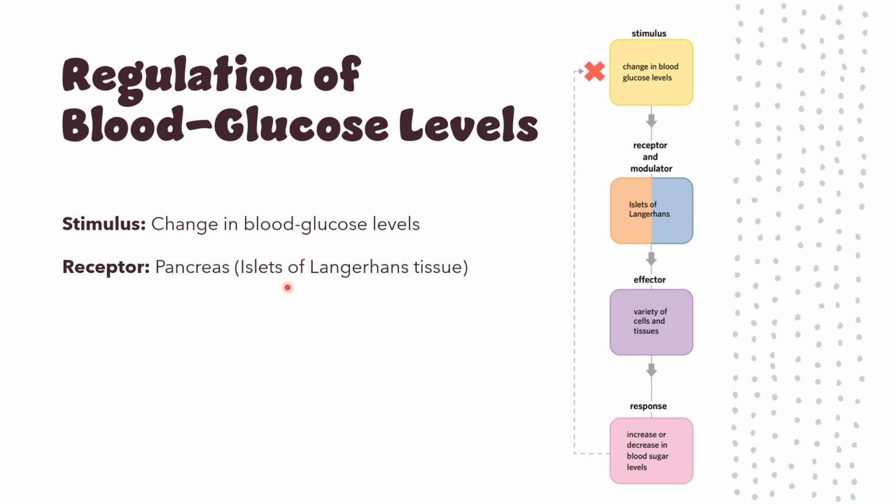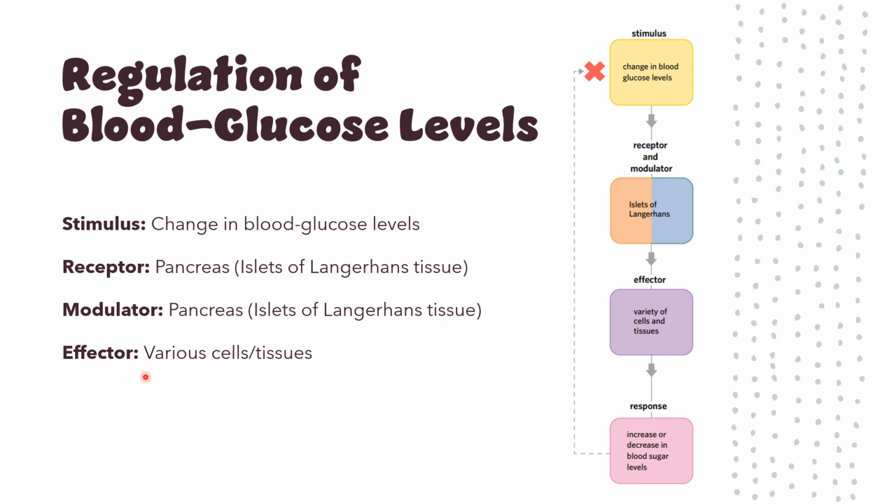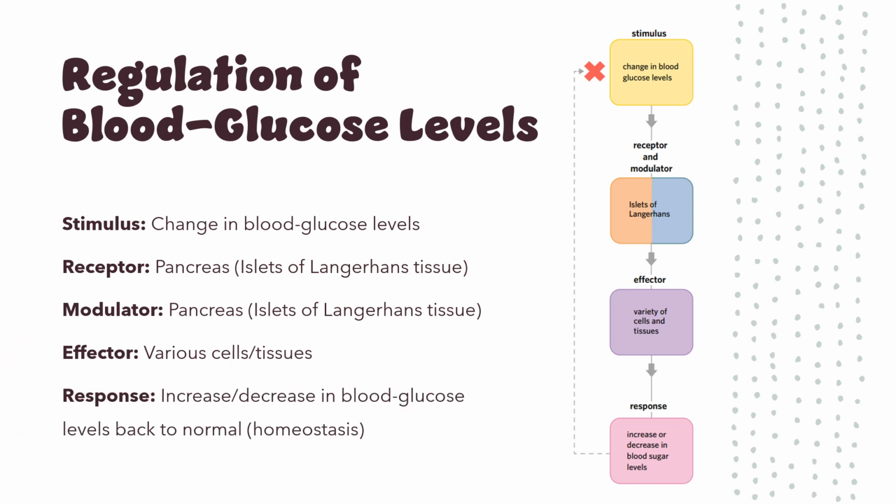Your receptor is your islets of Langerhans tissues in the pancreas. Your modulator is the same. The effector is various cells and tissues. We're going to get to that in a moment, and then our response is to either increase or decrease the blood glucose levels back to normal and maintain that stable, optimal blood glucose range.